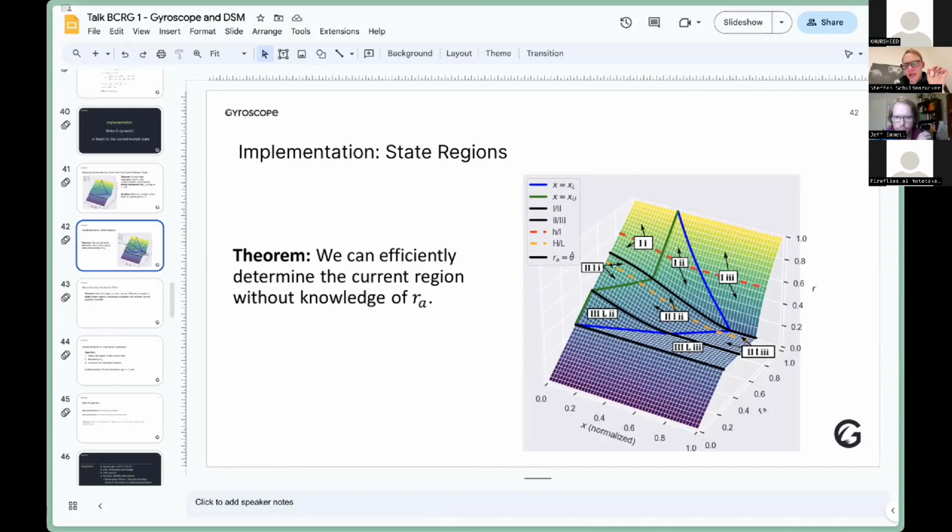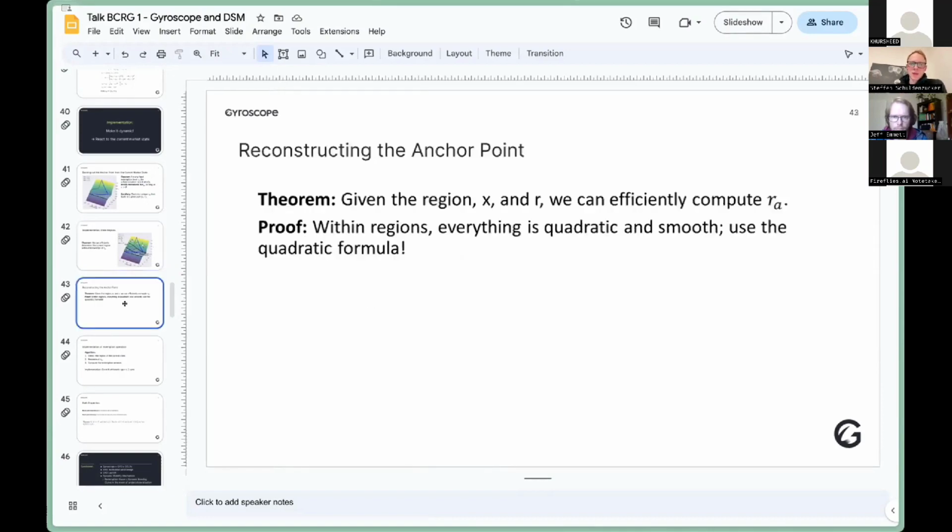You can compute the value there and then compare to the current reserve ratio that you're observing. That tells you in which region you are, and then you need to do some other things, but not too much. Then you know exactly what your case distinctions are. Once you've done that, you're basically done.